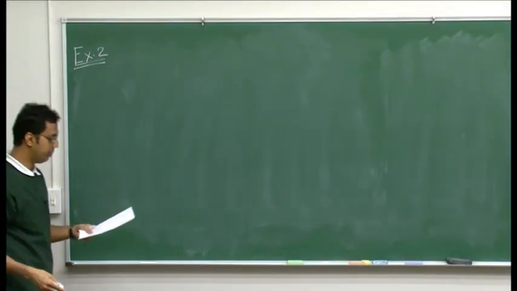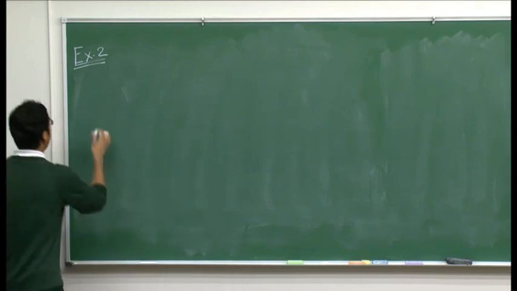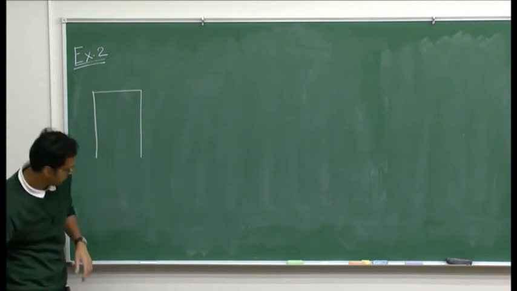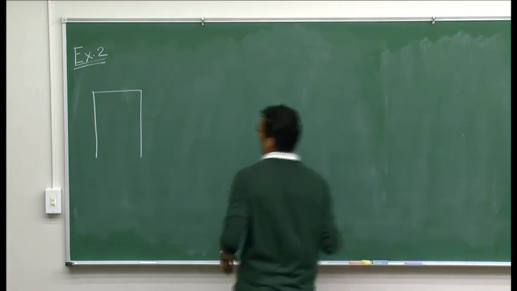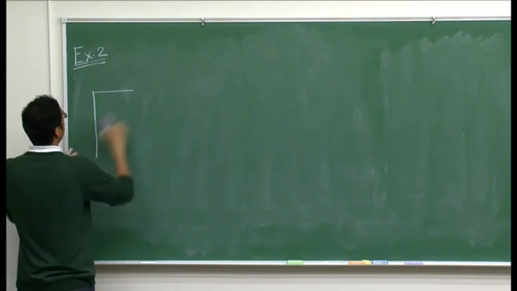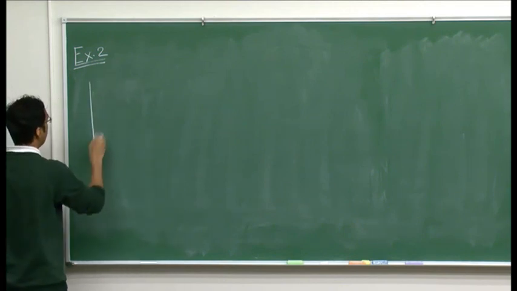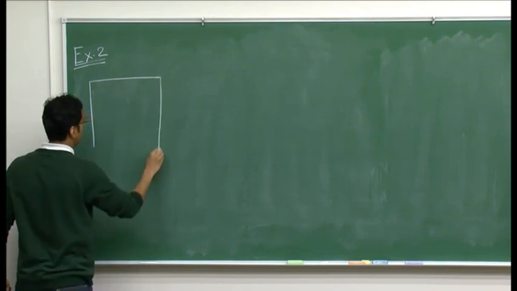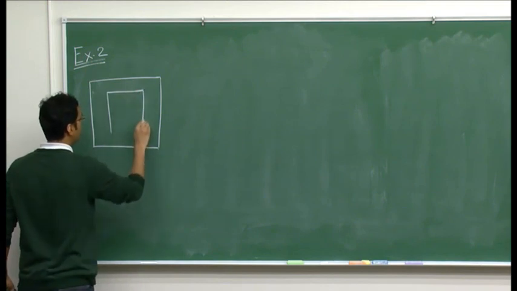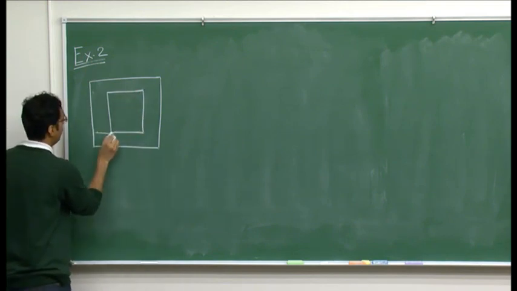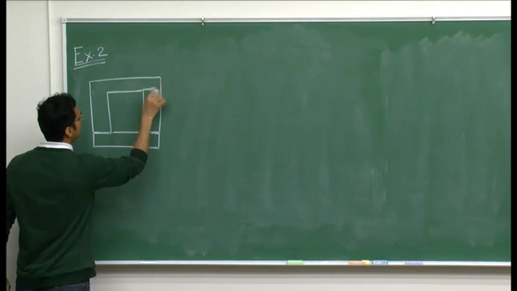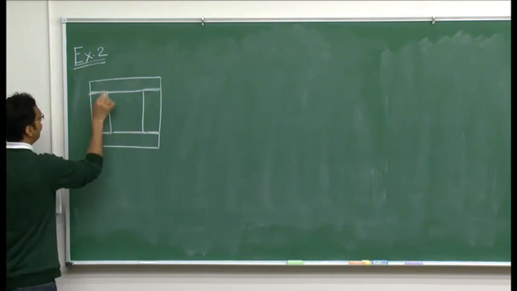The problem says that we have a box beam which is made up of 4 different wooden parts.